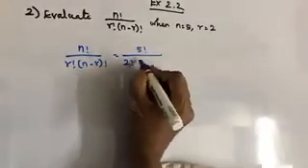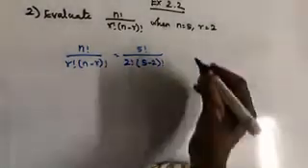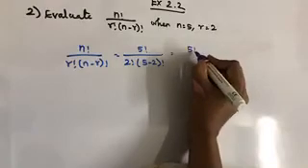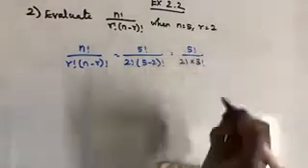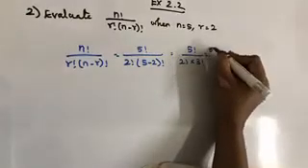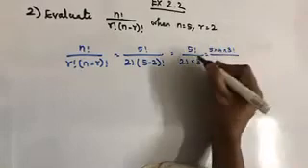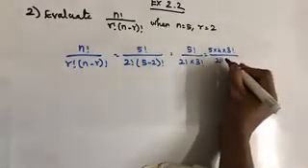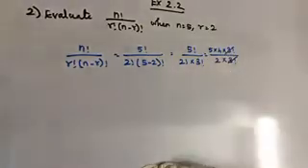So 2 factorial into (5 minus 2) factorial. Okay, so 5 factorial divided by 2 factorial into 3 factorial. 5 factorial can be rewritten as 5 into 4 into 3 factorial, divided by 2 factorial, which is 2 only, into 3 factorial. So 3 factorial we can cancel.